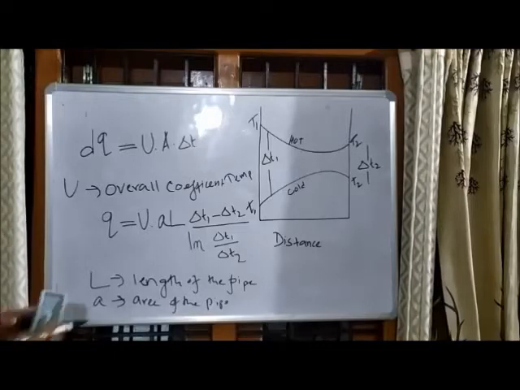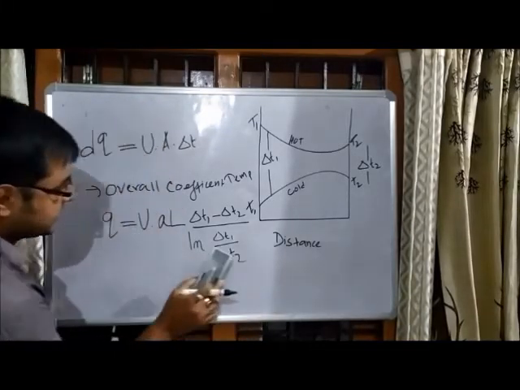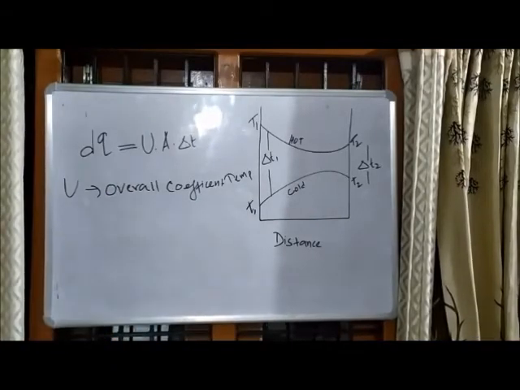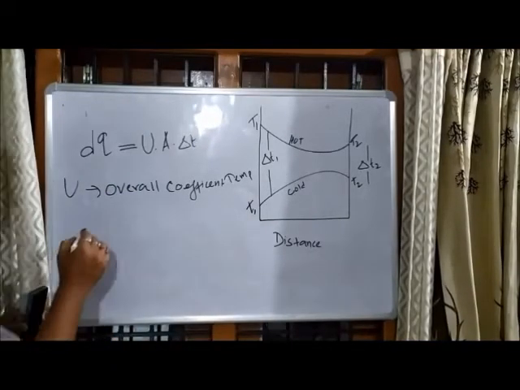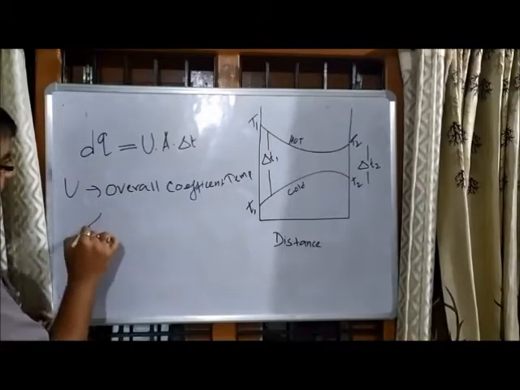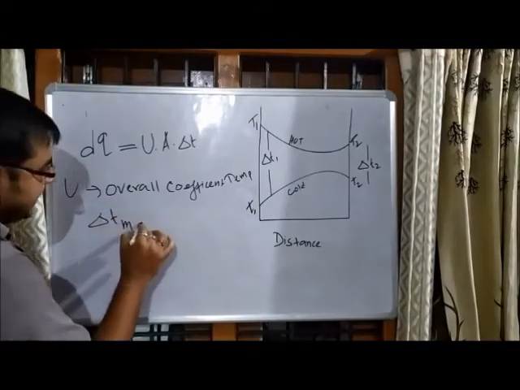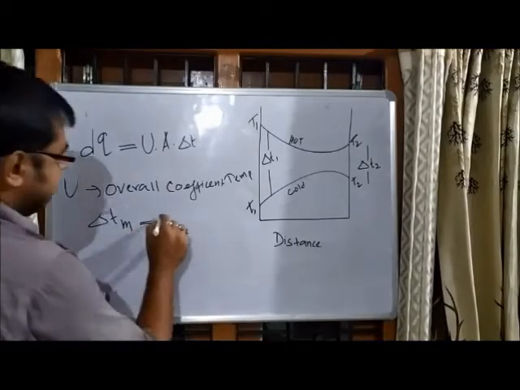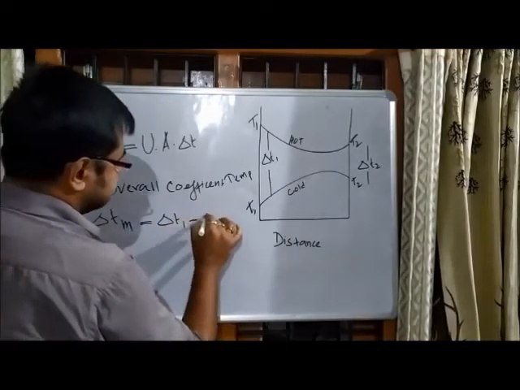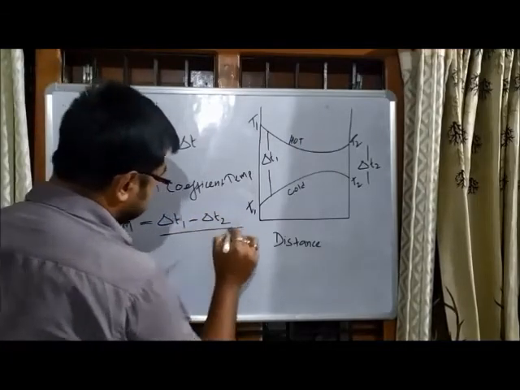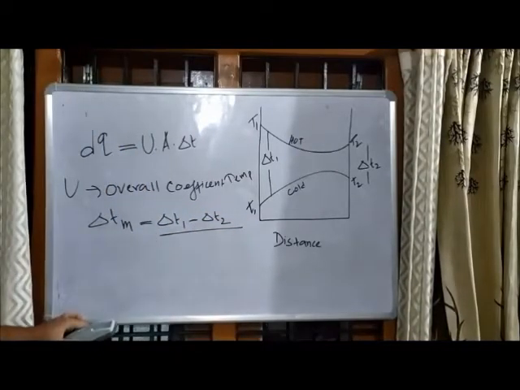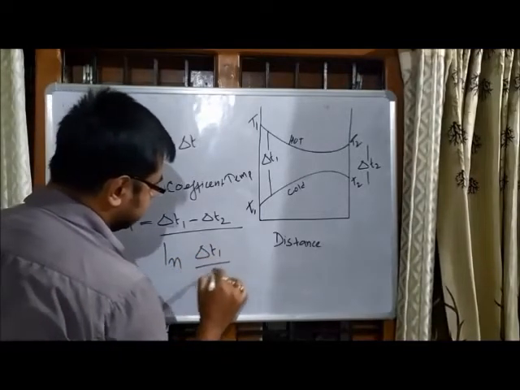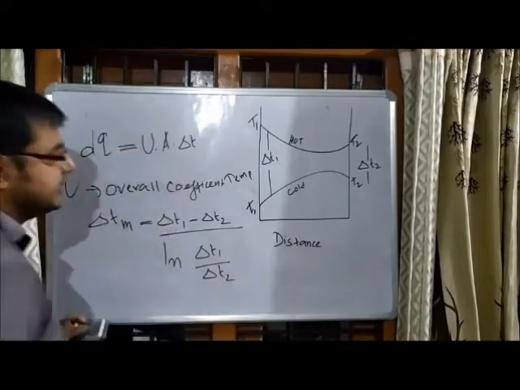Now this equation can also be written in the form of an average. How can you write the average? Simple: delta Tm, the mean temperature difference, is equal to delta T1 minus delta T2 divided by ln delta T1 divided by delta T2.